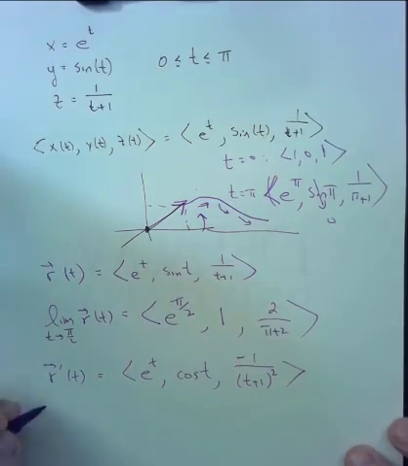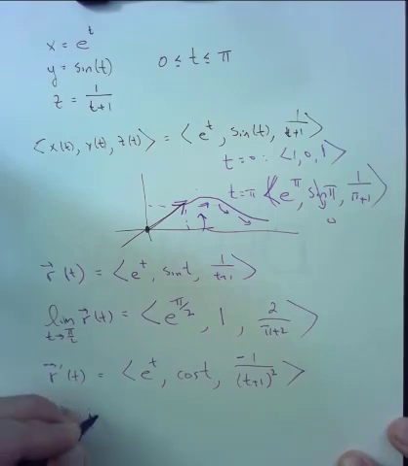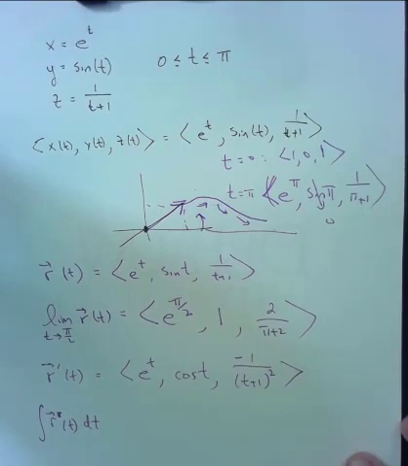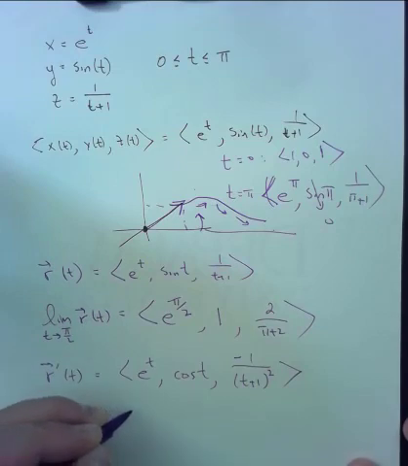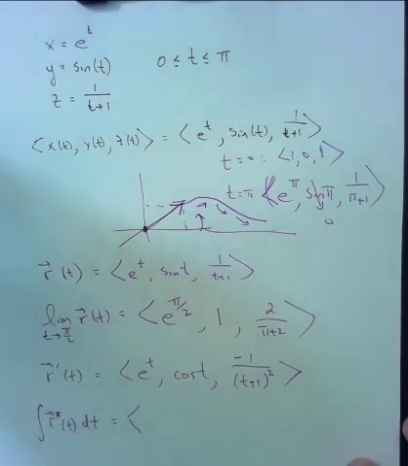You might imagine that we can do an integral of r. Whoops, sorry, it's not supposed to be r prime. I'm going back to the original r. It would be with respect to t, because this function is a function of t. This is a little bit trickier, but only because of the arbitrary constant business.